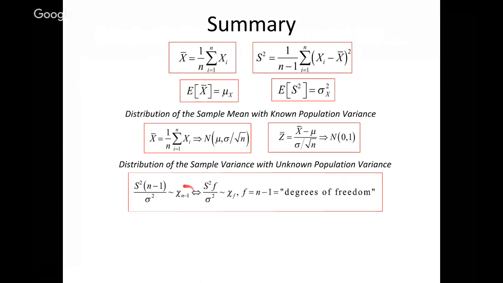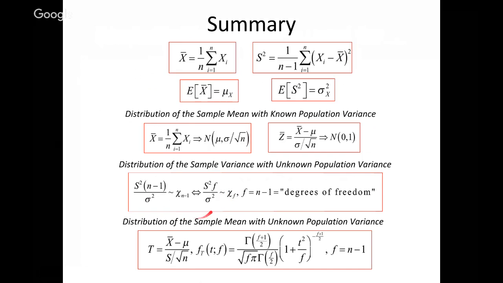And so the chi-squared distribution is just another analytical probability distribution, just like the normal Gaussian distribution or the gamma distribution. But it actually depends on only one parameter, which is the degrees of freedom, f. And in fact, you can rewrite this result in terms of the degrees of freedom f. And so what we're basically saying is that this quantity follows a chi-squared distribution with f degrees of freedom.